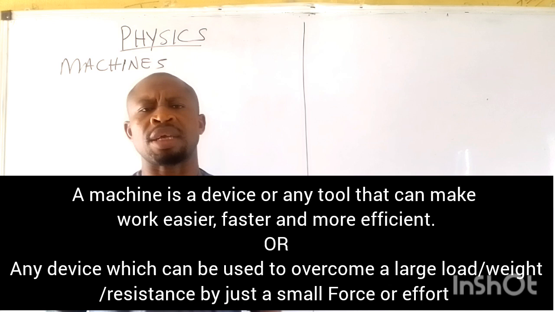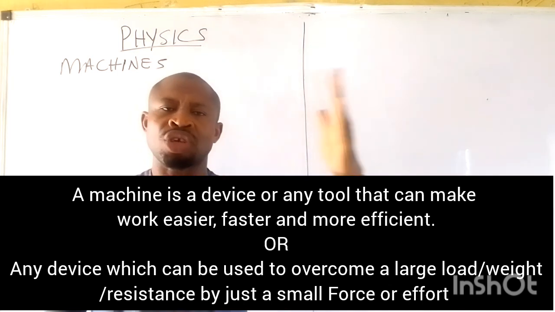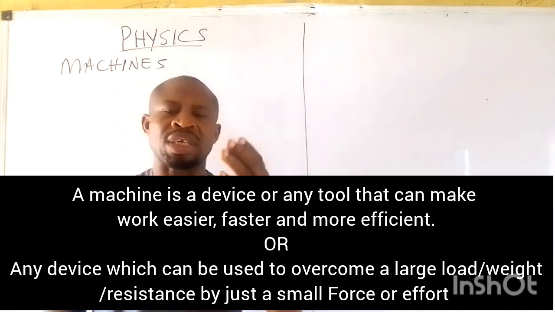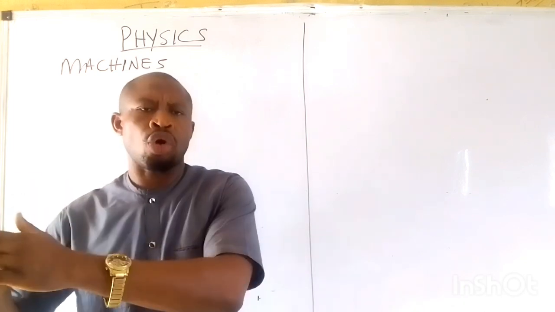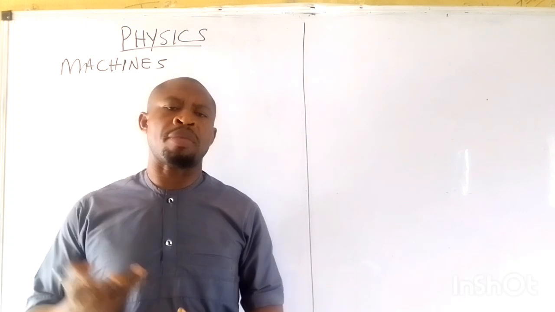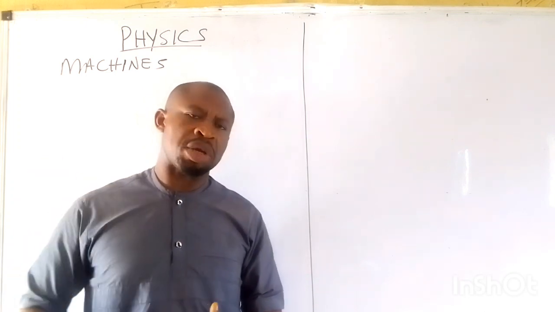Or we can say that a machine is any device that can be used to overcome a large load, large weight, large resistance by just a small force. Of course, with the aid of machines, we tend to reduce the work done by a person.